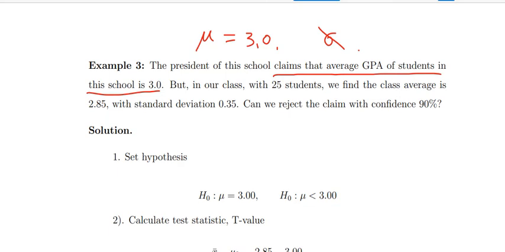So to check their claim, I regard our class as a sample. We have 25 students, and we find the average in our class is this. So the sample size is 25, and the sample mean is 2.85.